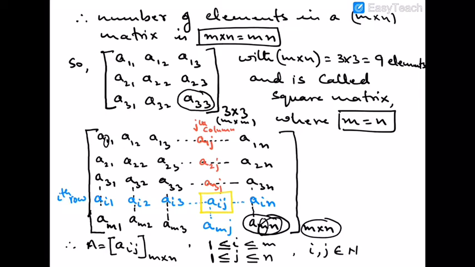So if it's A23, it means that element is in second row and third column, and so on.